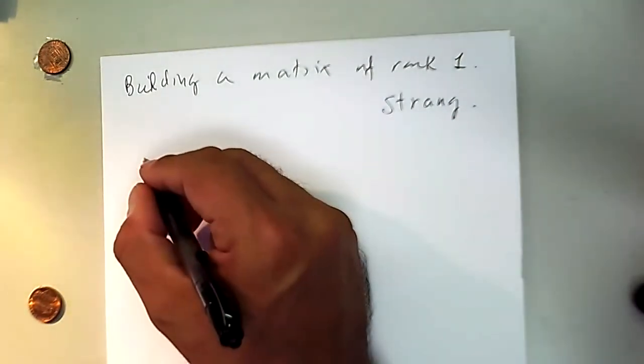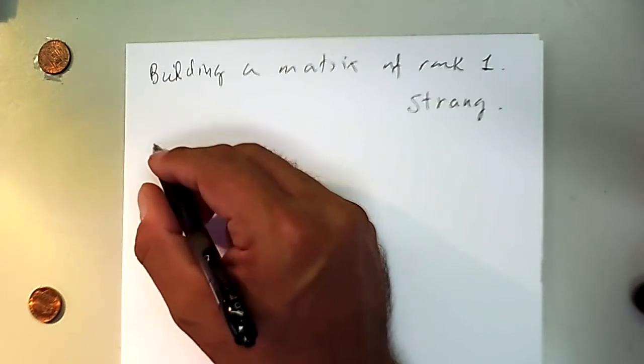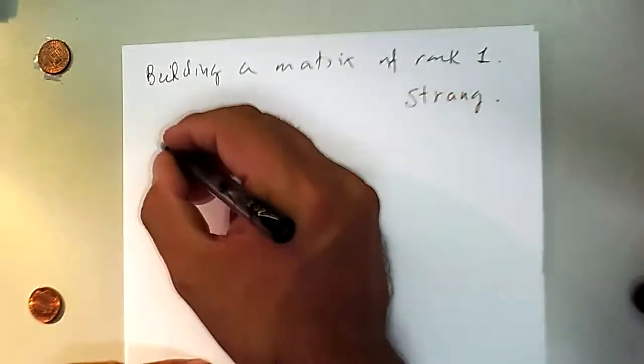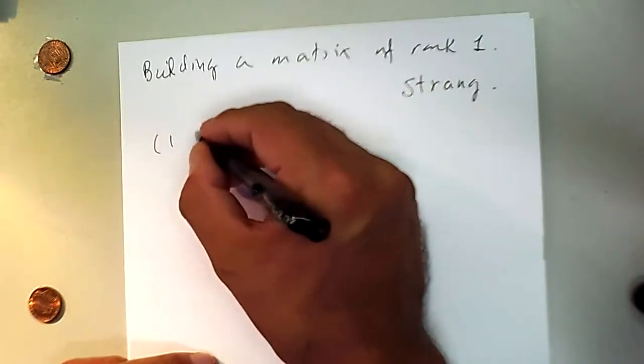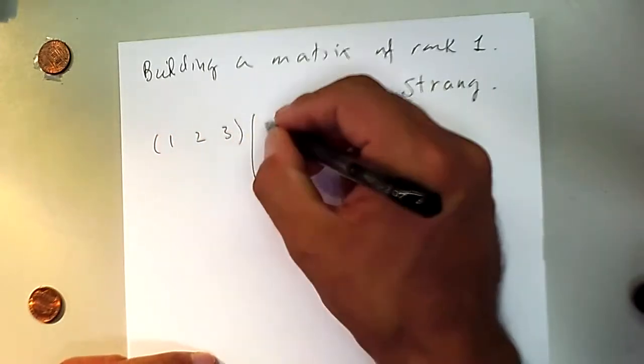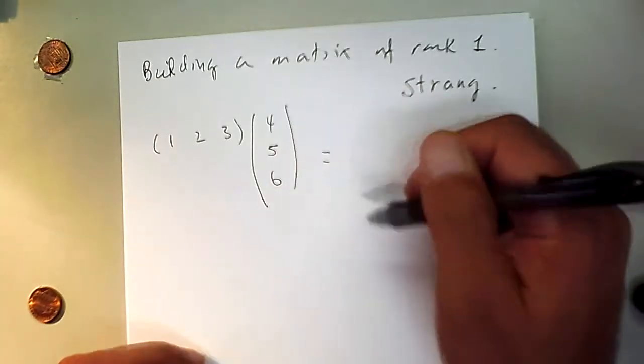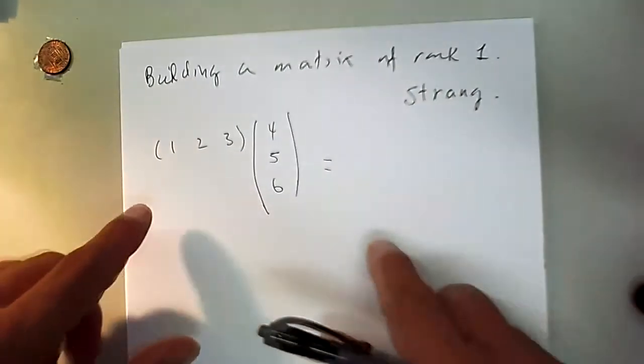Okay, so we're going to multiply a row with a column, so 1 by 3, 3 by 1. So I'm just going to come up with 1, 2, 3, 4, 5, 6, and that's going to give us a 3 by 3 matrix, because, oops, the other way around.